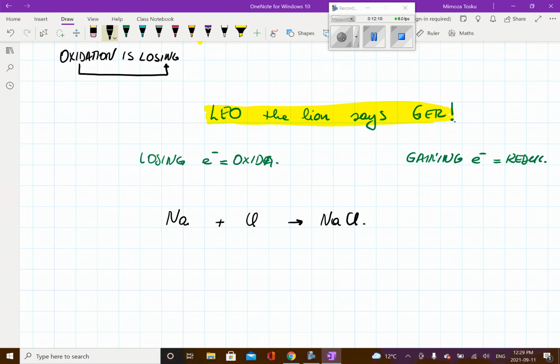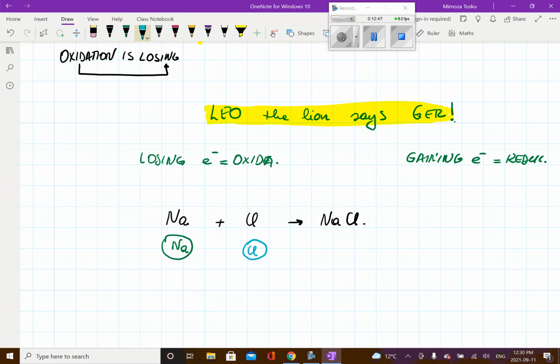Now, in terms of the atoms, I will use different colors here so that you can see. A sodium atom is reacting with a chlorine, and what is happening during this reaction? Sodium is giving the electron to chlorine, so chlorine is becoming negatively charged and sodium is becoming positively charged.